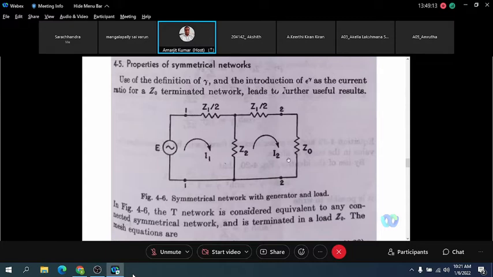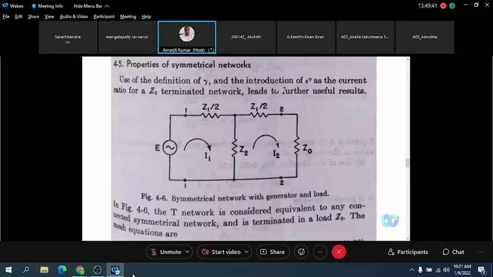And can we apply the mesh equation for this second loop? In this loop: I2 into in bracket Z2 plus Z1 by 2 plus Z naught, minus I1 Z2, is equal to 0.